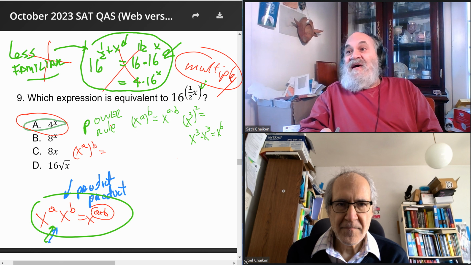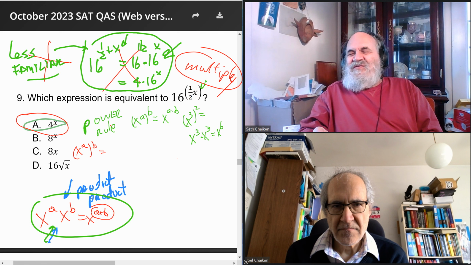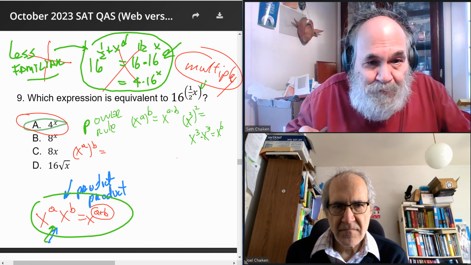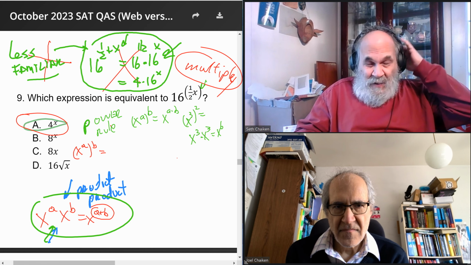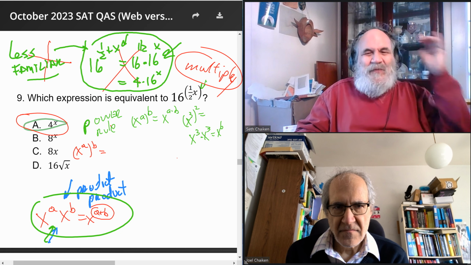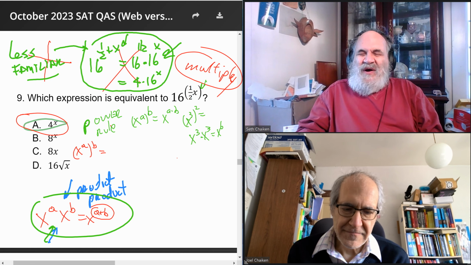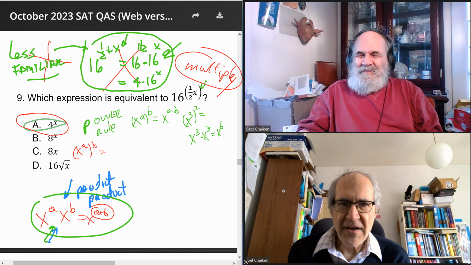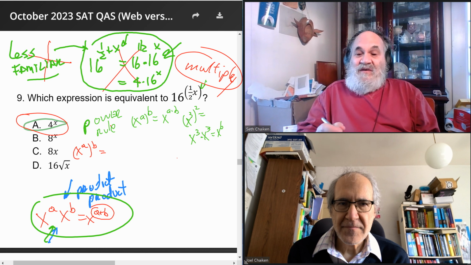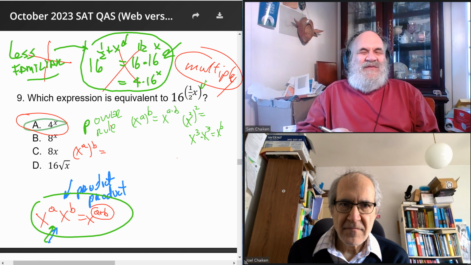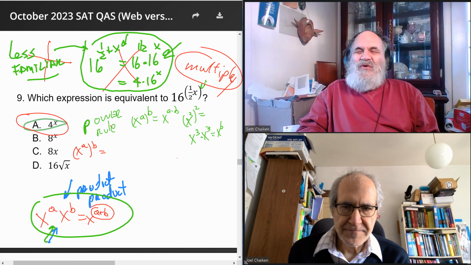Right. And then they extended it so that a and b can be fractions. And then to make it so that x to the reciprocal 1 over a, where a is an integer, is a root, an eighth root.